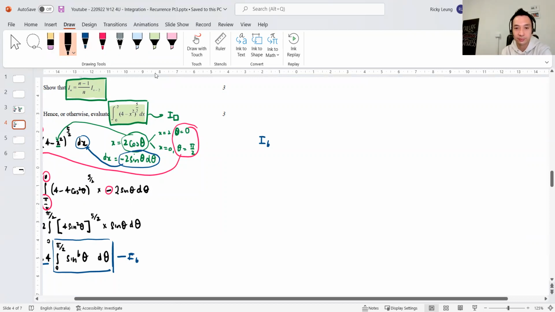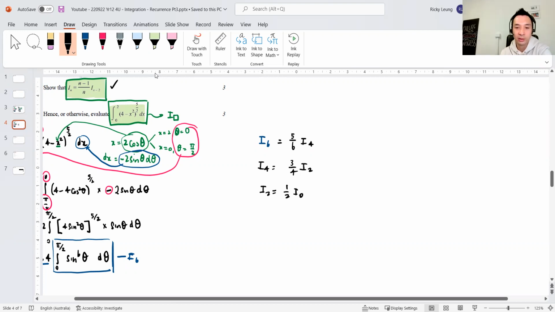Using recurrence, this is when n equals 6. I'm just using this up here. 6 minus 1 is 5 on 6 I4. And then I4 equals 3 on 4 I2, and then I2 equals 1 on 2 I0.